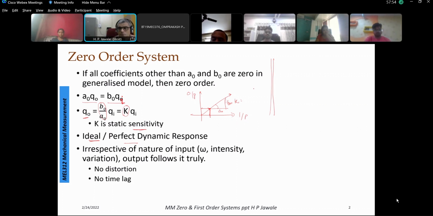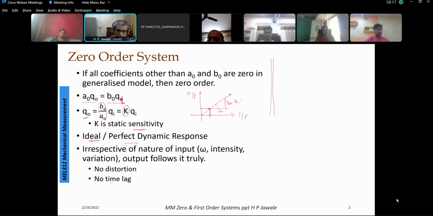If we talk about fidelity as a very important dynamic characteristic, in this case it will be an accurate system having 100% fidelity. It will closely or exactly match the input, though we may have a small delay or a small bias, right? And the signals will not distort. There is no distortion of the signal.